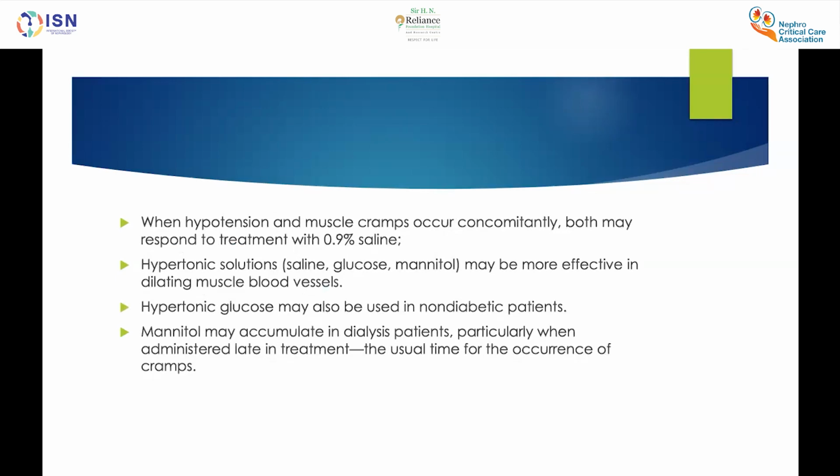Now, when hypotension and muscle cramps occur concomitantly, both may respond to the treatment with normal saline. Hypertonic solutions may be more effective in dilating the muscle blood vessels. Hypertonic glucose may also be used in non-diabetic patients. Mannitol may accumulate in dialysis patients, particularly when administered late in the treatment. And that's the time period where these cramps actually occur.